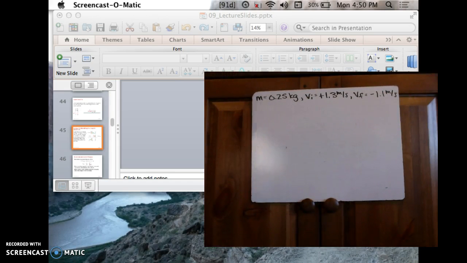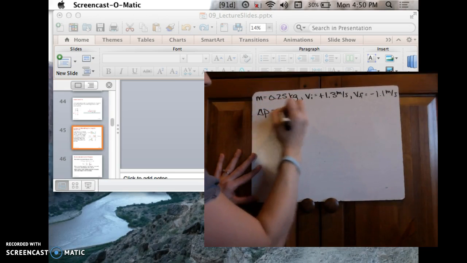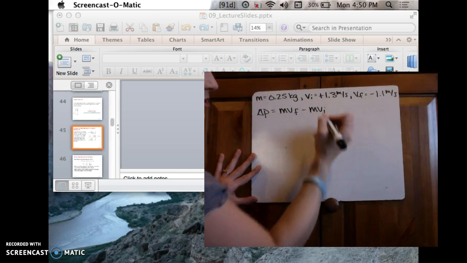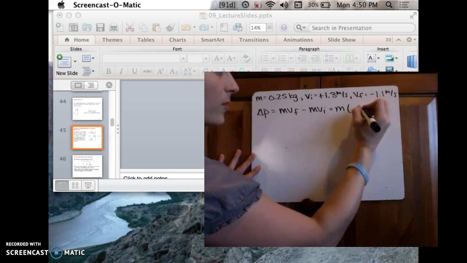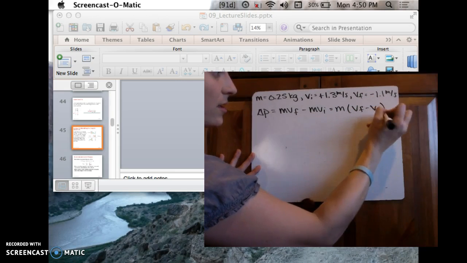All right, so now our equation for the change in momentum, delta P equals m v final minus m v initial. So I'm going to just factor out the m so that I don't have to keep writing it out. So it's just m times v final minus v initial.